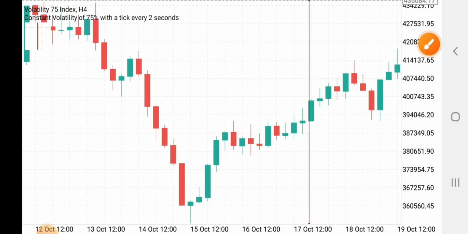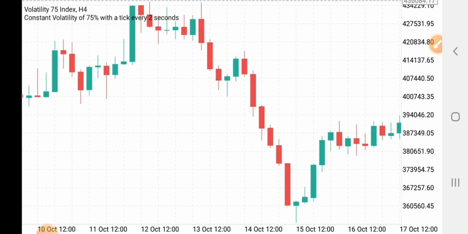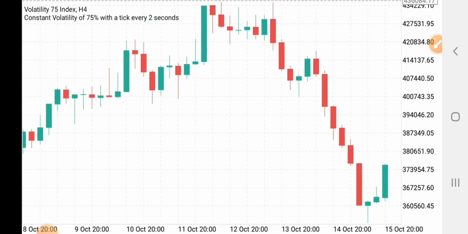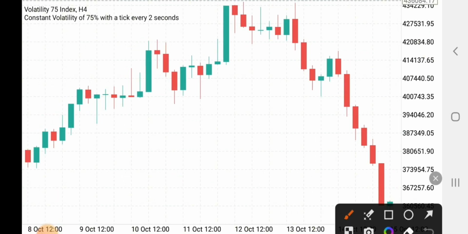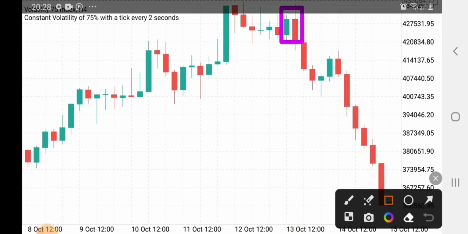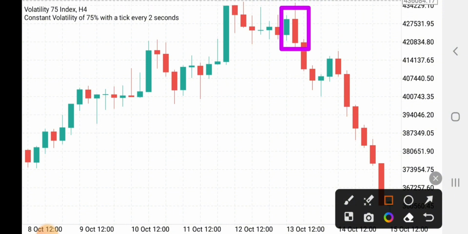Let's see if we can get other examples, maybe buying or selling. Okay guys, look at another beautiful example right here. You can see this one here. This is a bearish engulfing candlestick. Look at that bullish candle. The wick of that bearish candle went above the high of that bullish candle, and look at the engulfing.